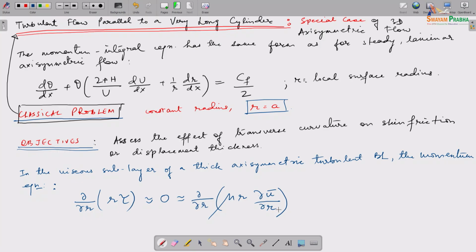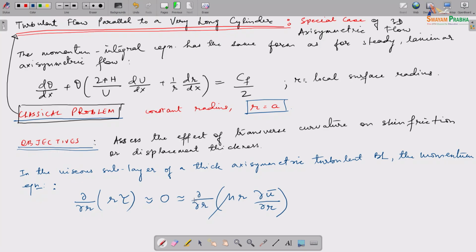Okay. So in the viscous sublayer, right, we have del r, okay. So r is the local surface radius, and we take the gradient of the velocity in the r direction, right. So this is essentially giving us the shear stress, isn't it? So we write down, so shear stress basically, del r of r into tau.